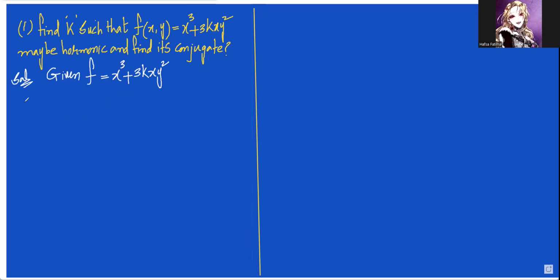What is that condition? We have to differentiate this one partially with respect to x. What is your answer? Tell me. 3x square plus 3k x y square, 3k x becomes 1 into y square.